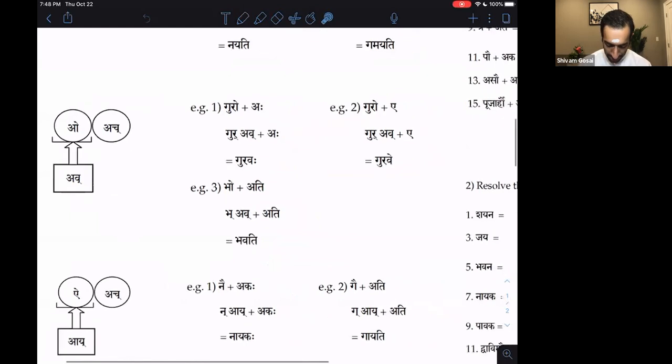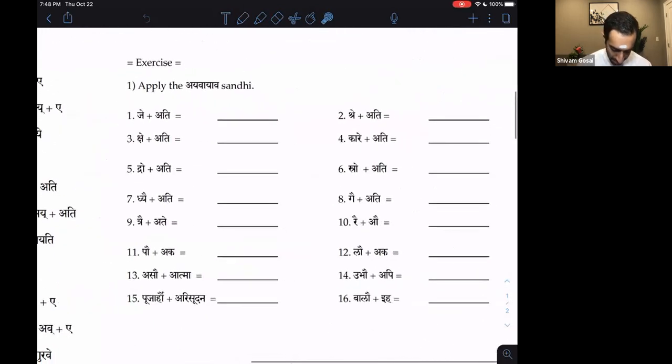Okay. Let's look at some examples of these two for now, okay? So we've seen all of this so far. So J, can you tell me in the chat, ji plus ati becomes what? Looking good. Yeah, exactly.